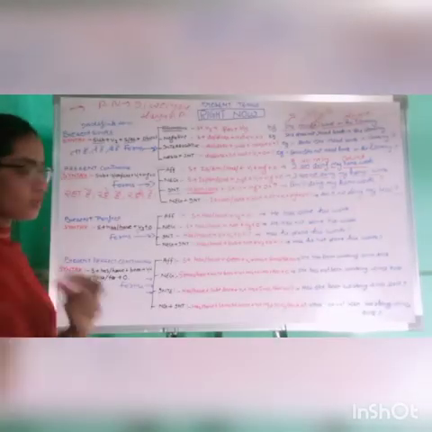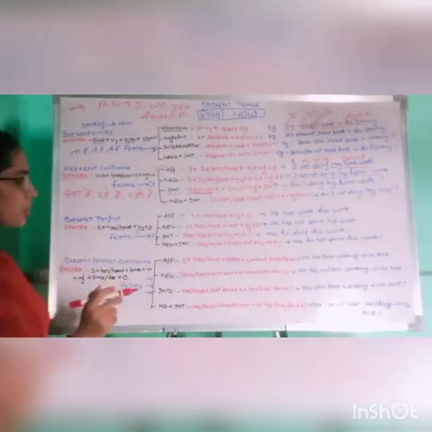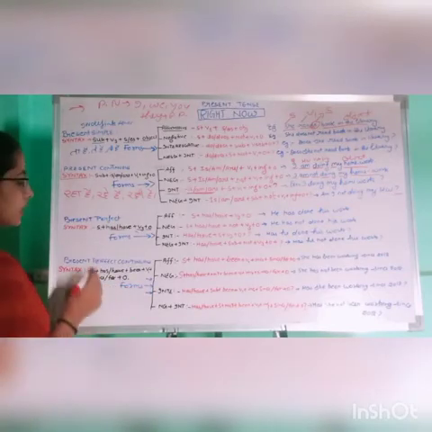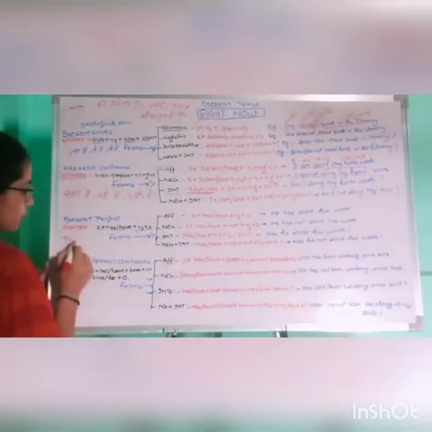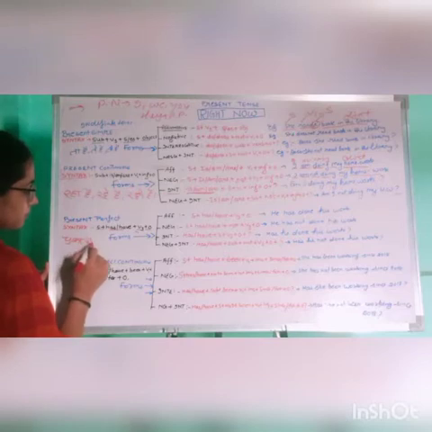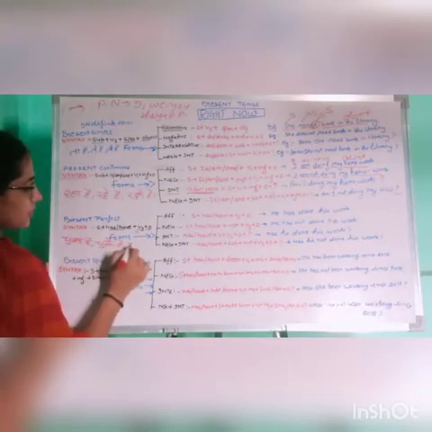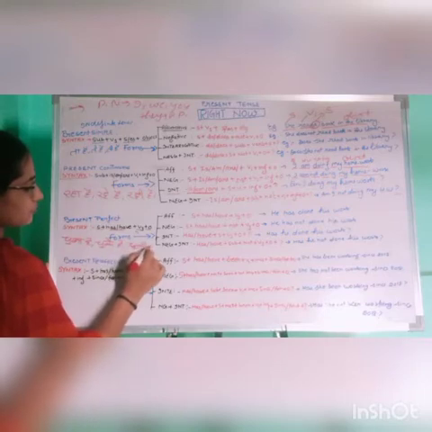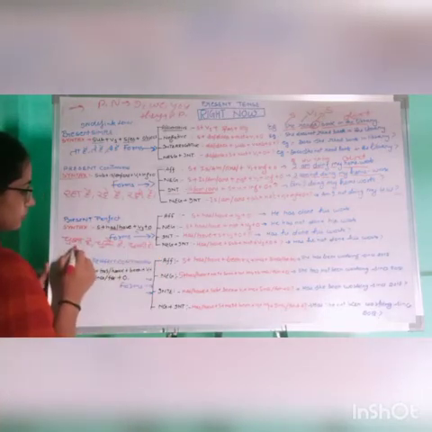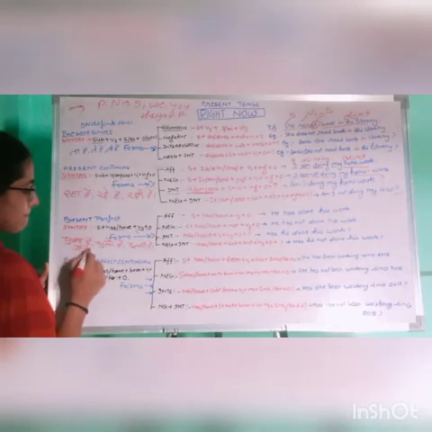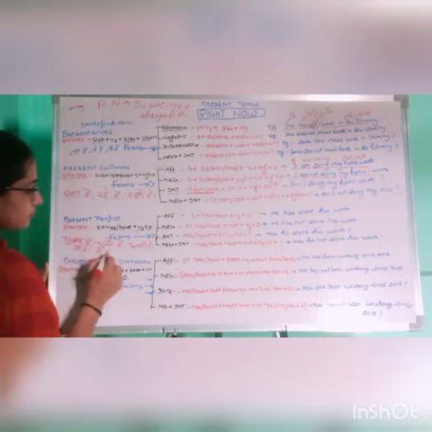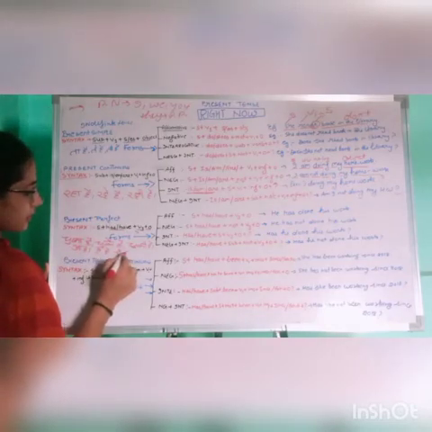Remember this, students. Now if I talk about the identification in Hindi, then it will be चुका है, चुके हैं, चुकी है, and even आ है, ए है, ई है.